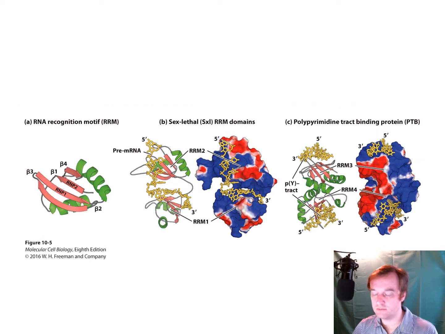Okay, so now let's talk about the next one down on our previous list, these hnRNAs. hnRNAs are heterogeneous nuclear RNAs. The proteins from these associate with pre-mRNAs to prevent formation of base-paired secondary structures.